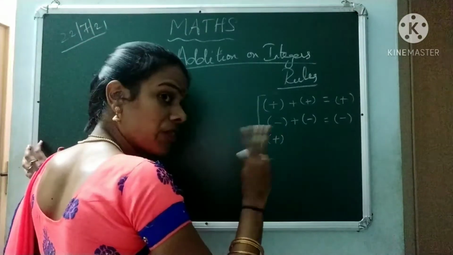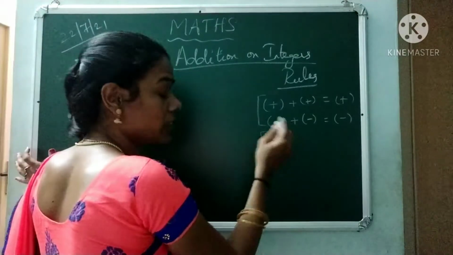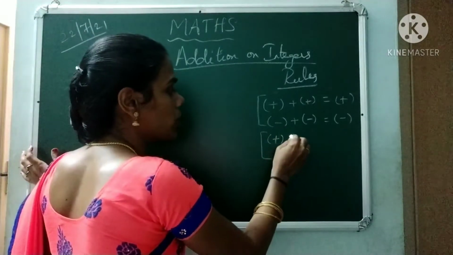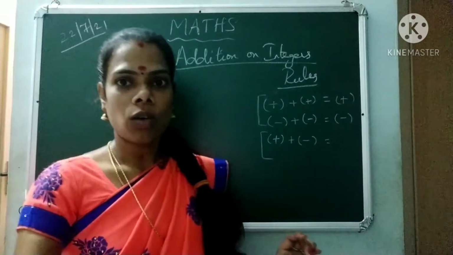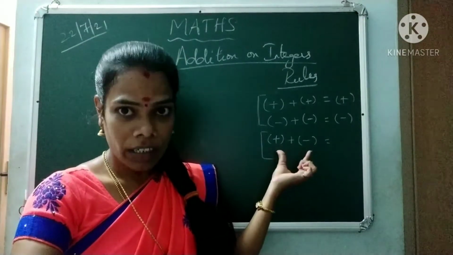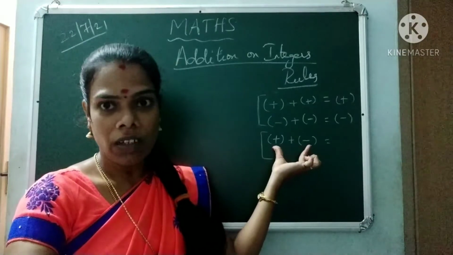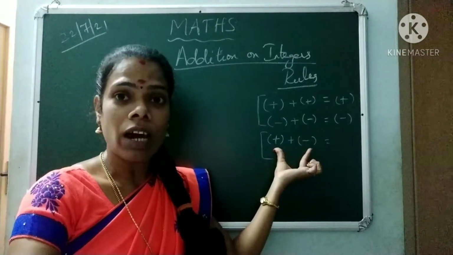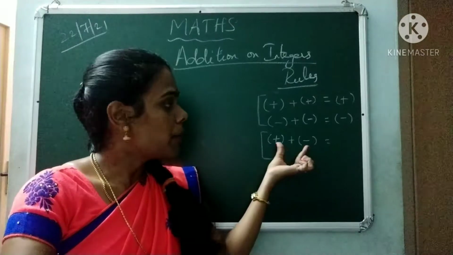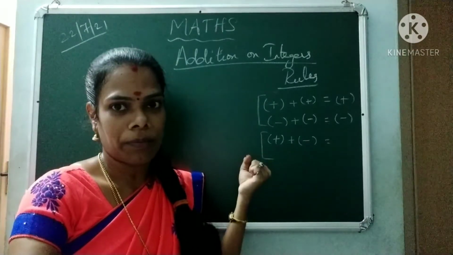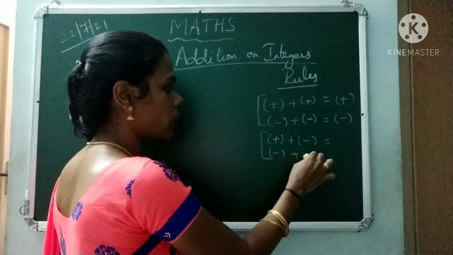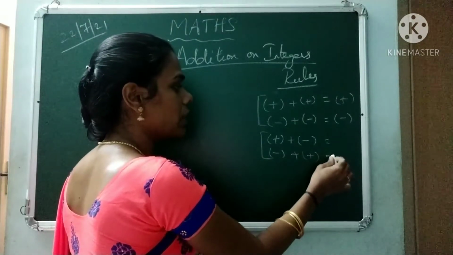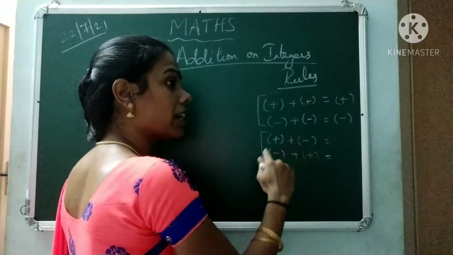So you have to follow these two rules, and the remaining two are: if you are adding different sign integers, that is, one is positive and one is negative, then whenever you see different signs of integers, you have to take the subtraction and put the sign of the highest number.